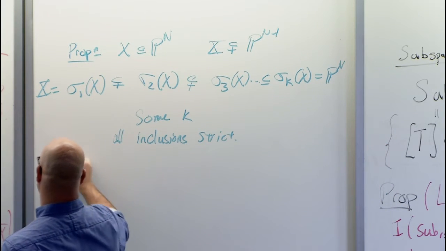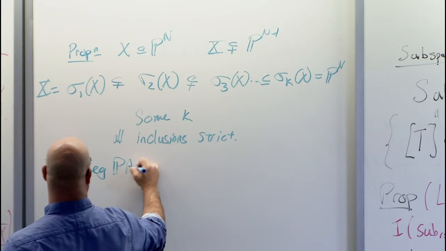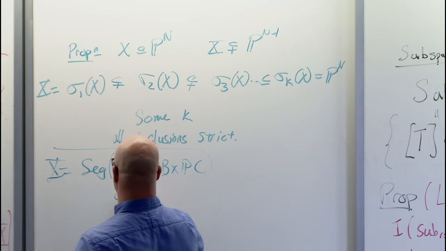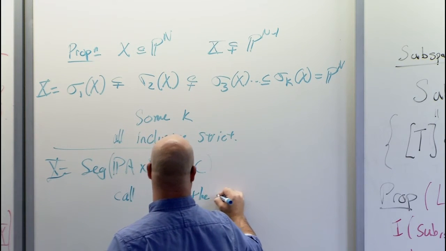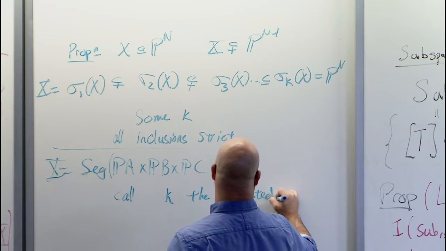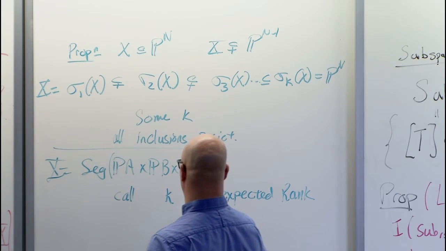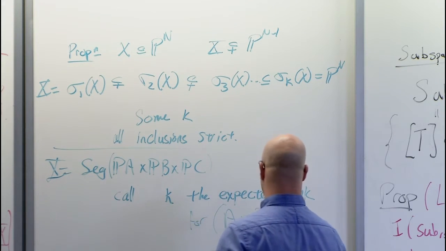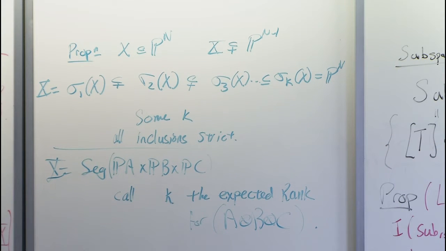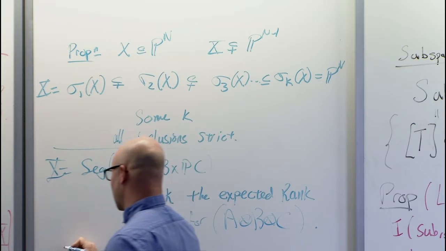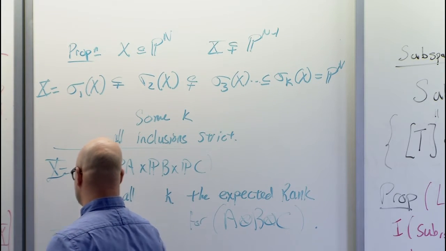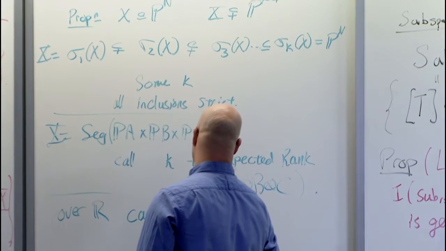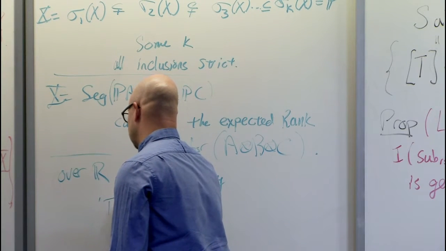So when X is equal to the Segre, call this k the expected rank for A tensor B tensor C. Over C there's one expected rank, but over R, if you're interested in that question, there can be many, and they're called typical ranks.